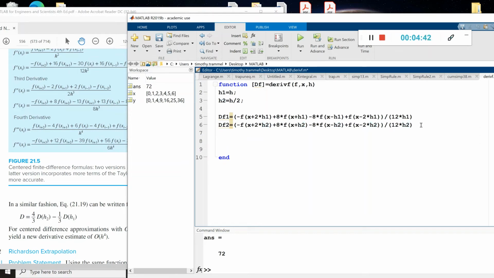And we can go a little bit further. To finish this, df is actually going to be equal to 4/3 times this approximation using h2, so 4/3 times df2 minus 1/3 times df1. And let's go ahead and save this, and let's give it a test.